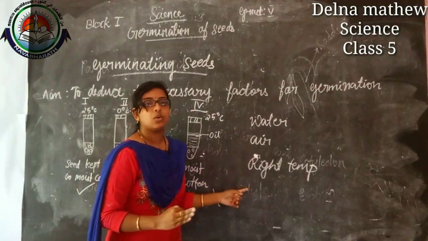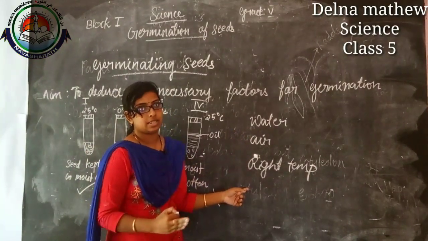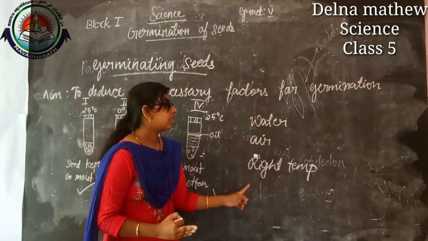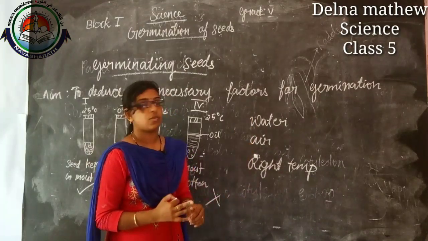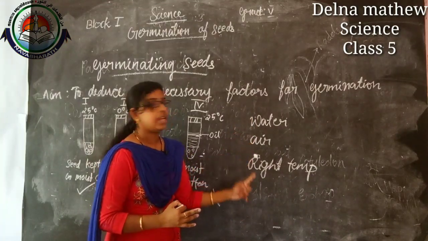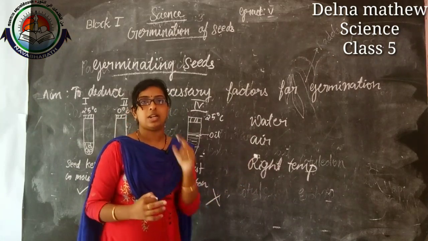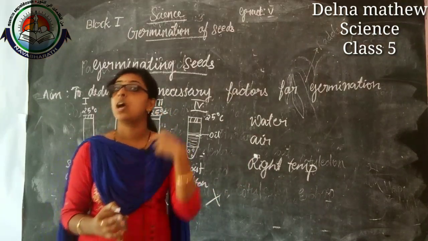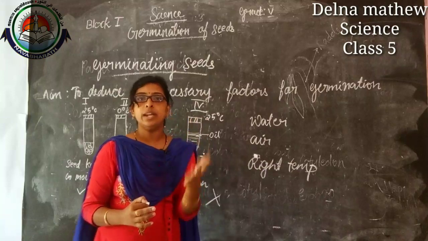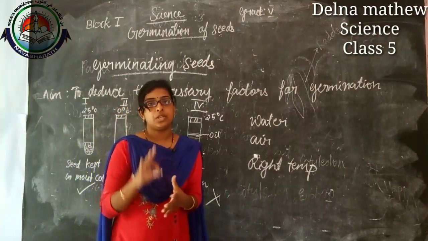That's why here we are not adding light as a necessary factor. These three are the necessary factors for germination: water, air and right temperature. Light is not a necessary factor, but for some seeds it is necessary for germination.